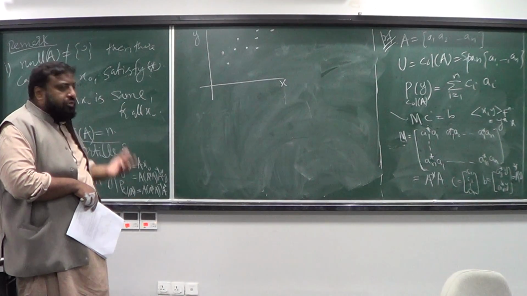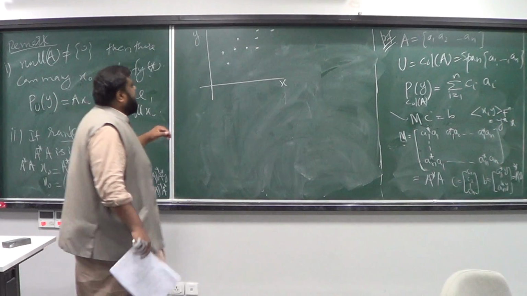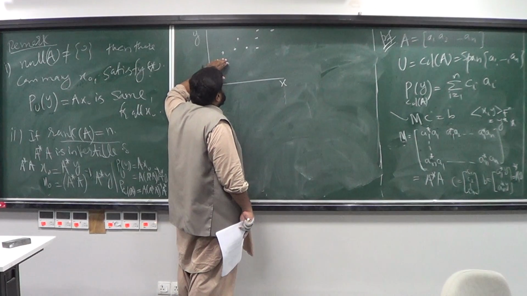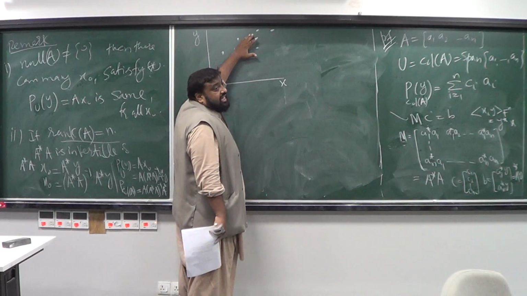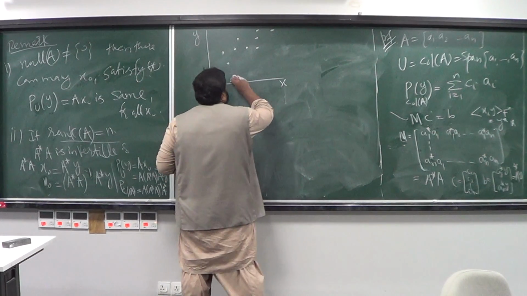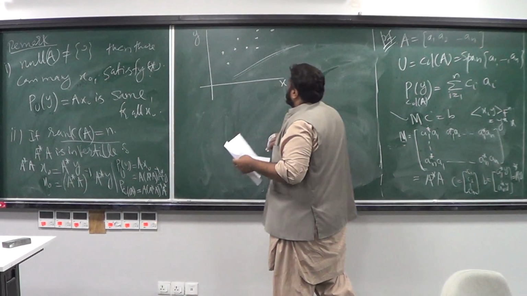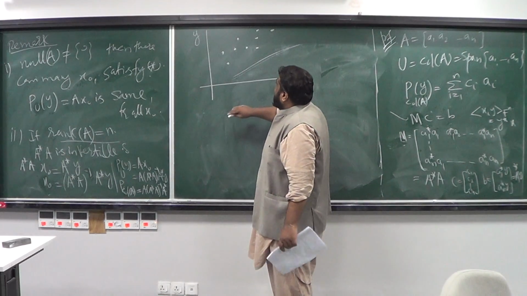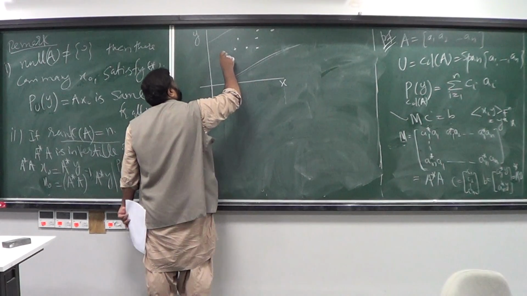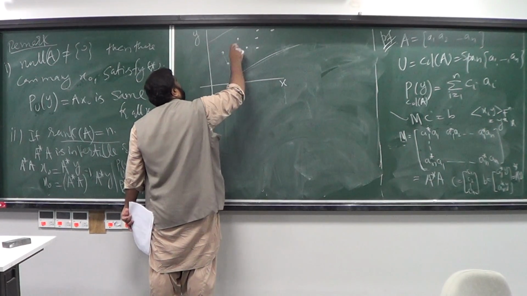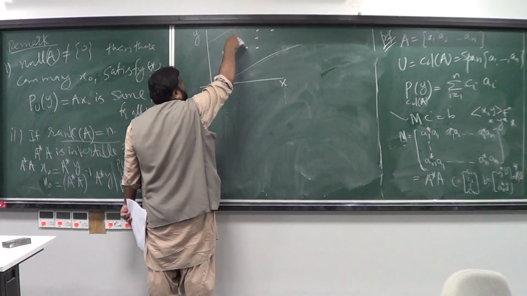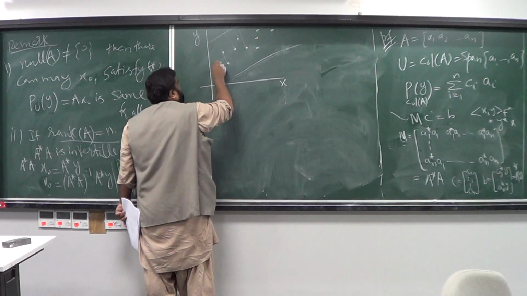The question is, can you find one equation that best fits this data, for which the distance between all these points and that line is minimum? I can draw several lines. So this is one line, and say this is another line. But if I compute the distance between these points and the line, these distances are bigger as compared to this line.